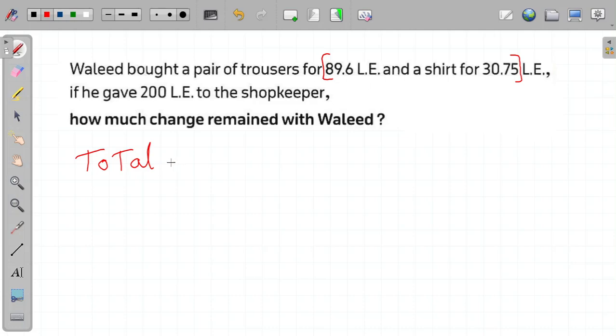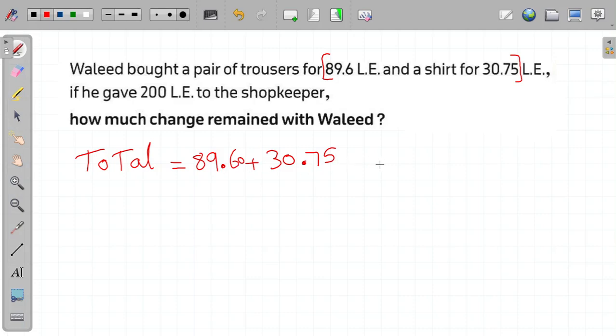Here I have addition, so it doesn't matter which is the first number or the second number. So I will say 89.6 plus 30.75. Here I have one digit and here I have two digits, so I will add 0 next to 6.